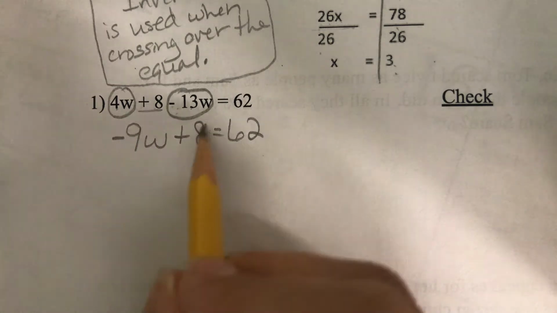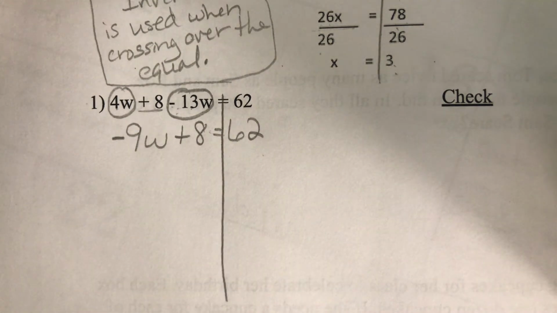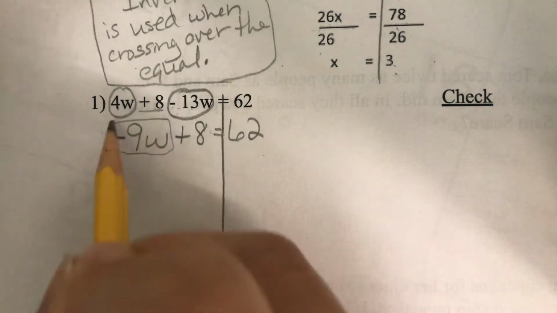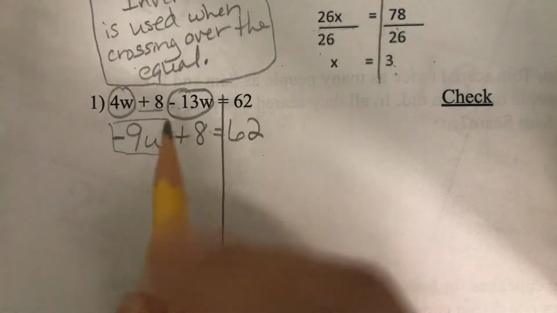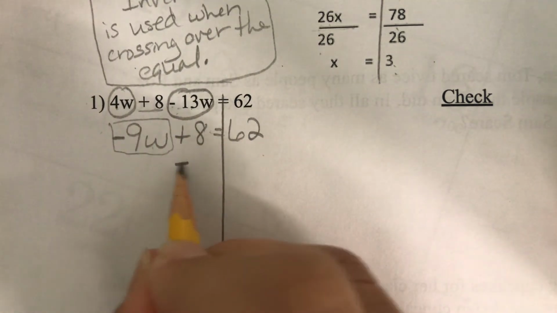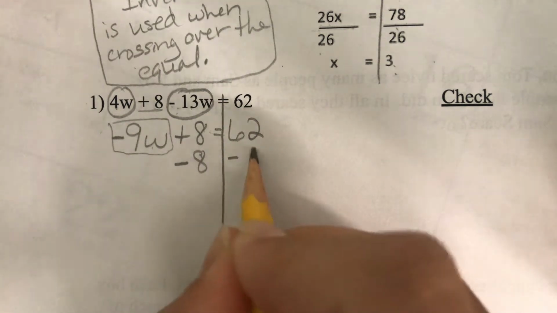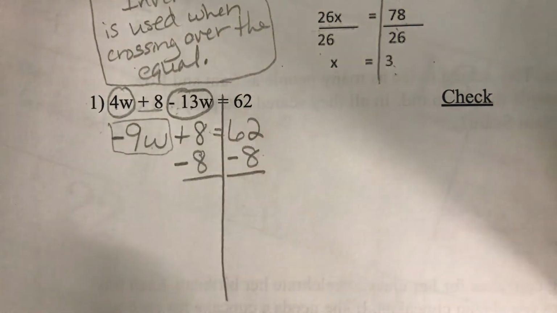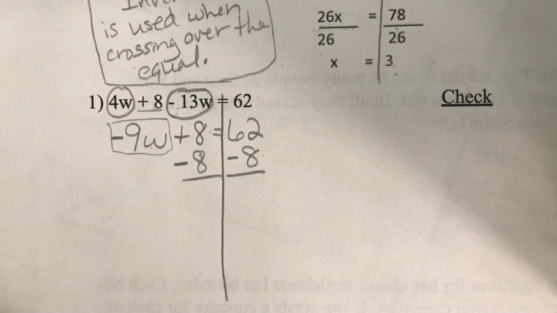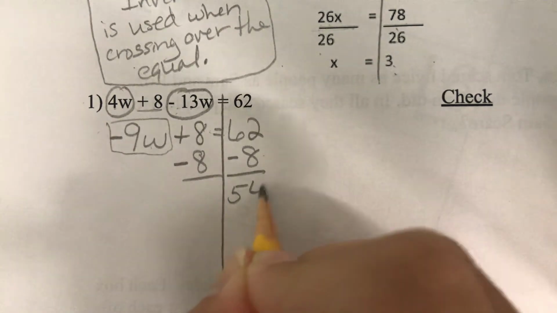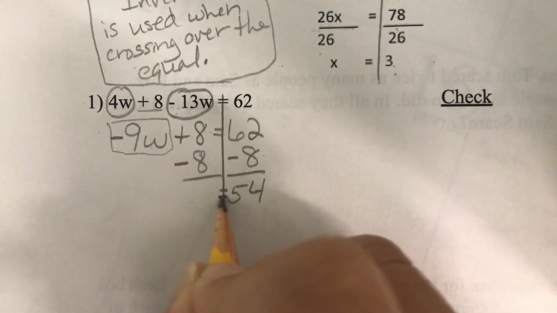Okay, so at this point, I'm going to follow the rules for a two-step. So the W stays. I see the positive, so I do a negative. I do the inverse operation. 62 minus 8. I've got 54.